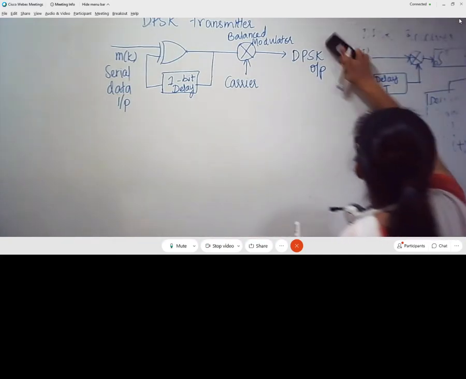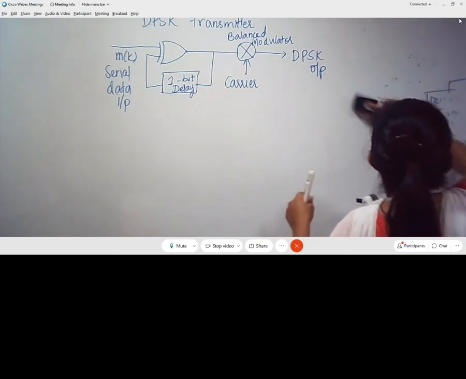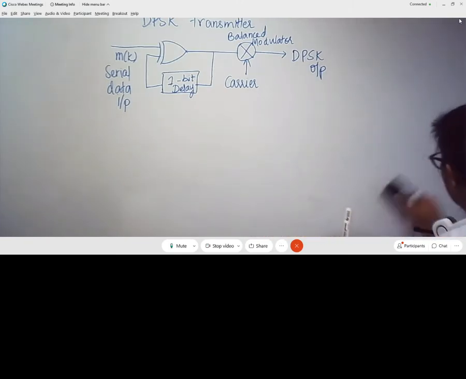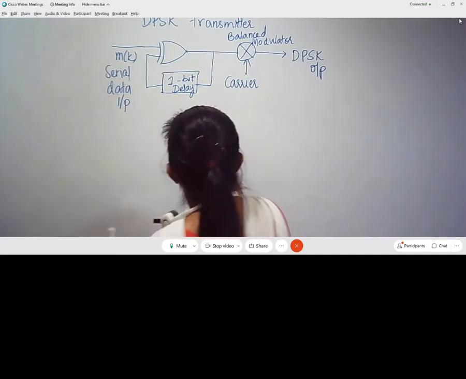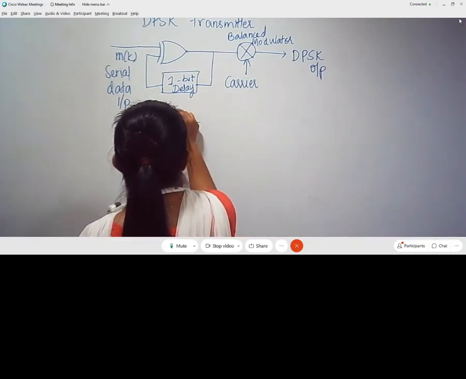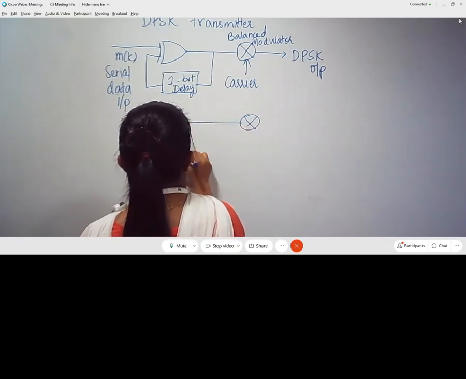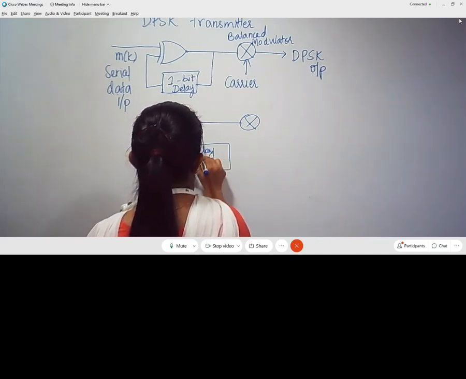You can check it. So the transmitter is simple. The receiver is also simple structure. So R of t will be sent to a multiplier with its delayed copy, which is delayed by one symbol duration.